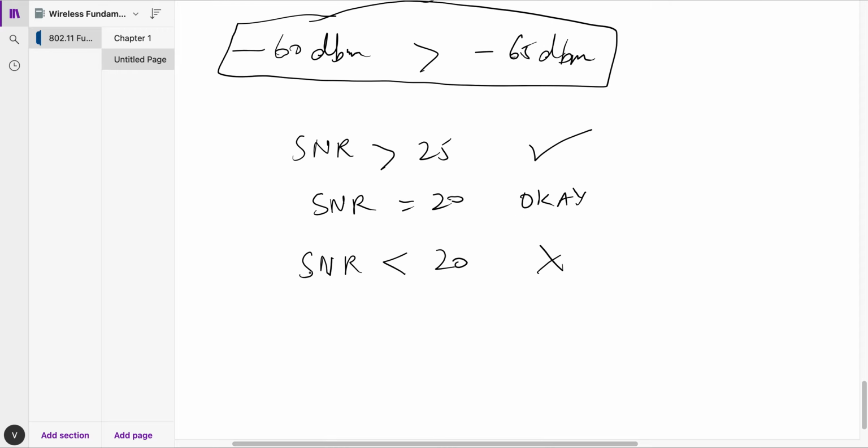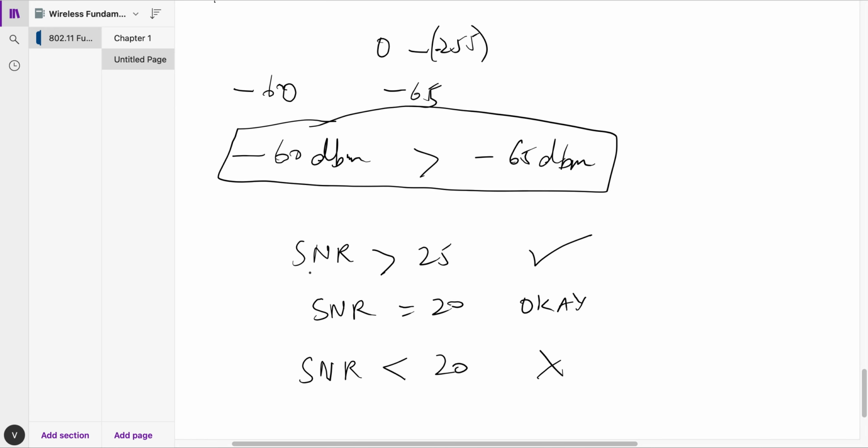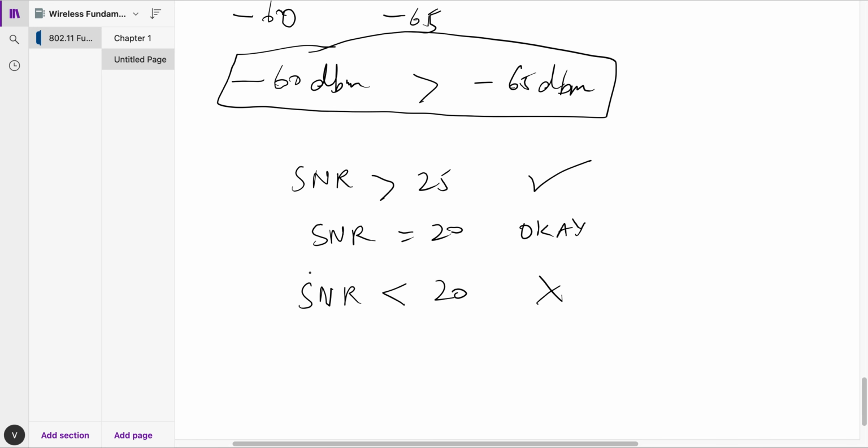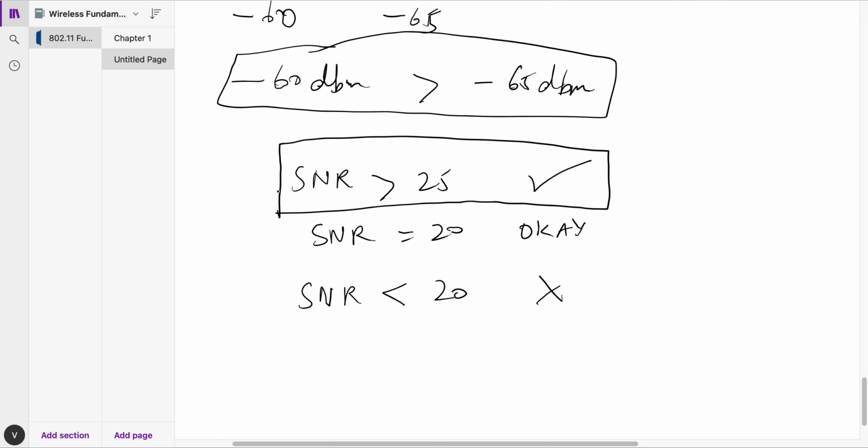So SNR is the difference between signal and noise, and it should be above 25 for good transmission in the Wi-Fi network. This is the standard value. Of course, it can go to 35, 40, depending on how good the environment is. But yes, SNR depends only on signal and noise.